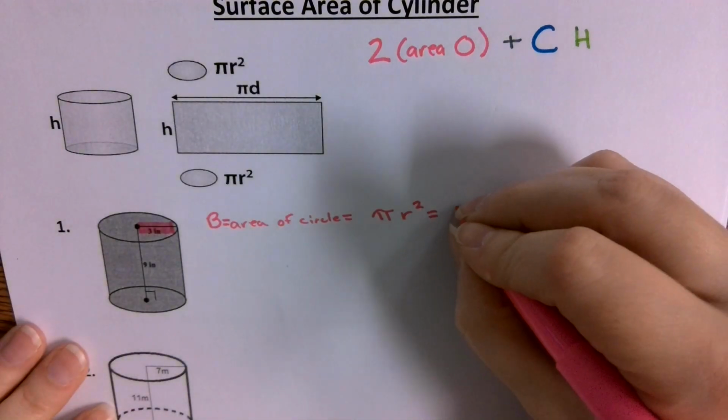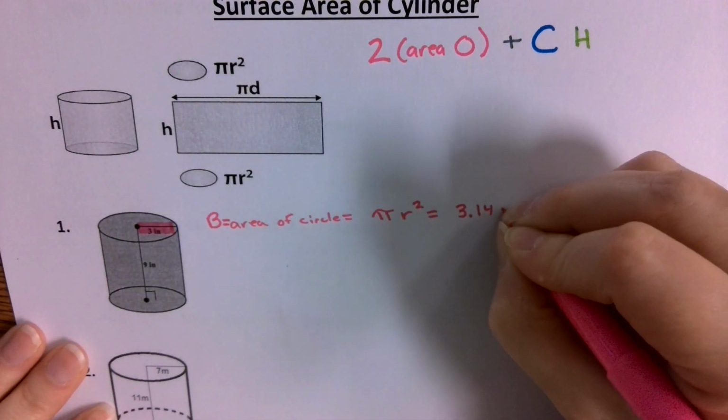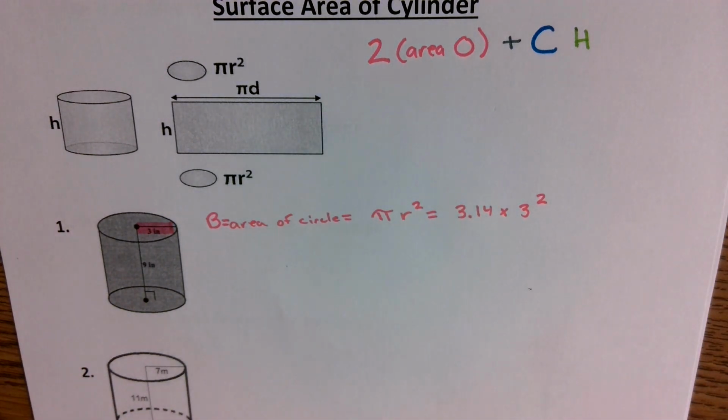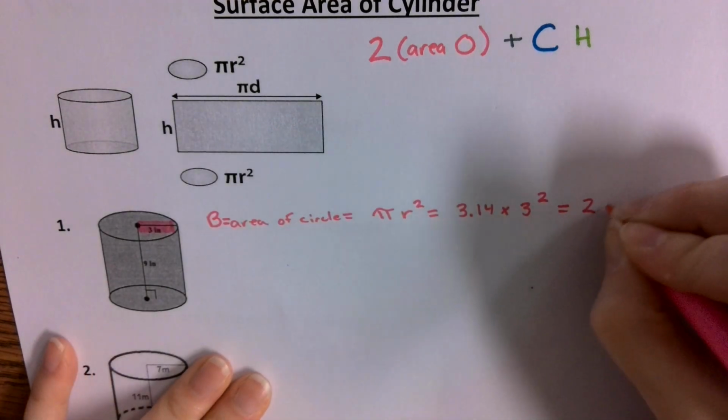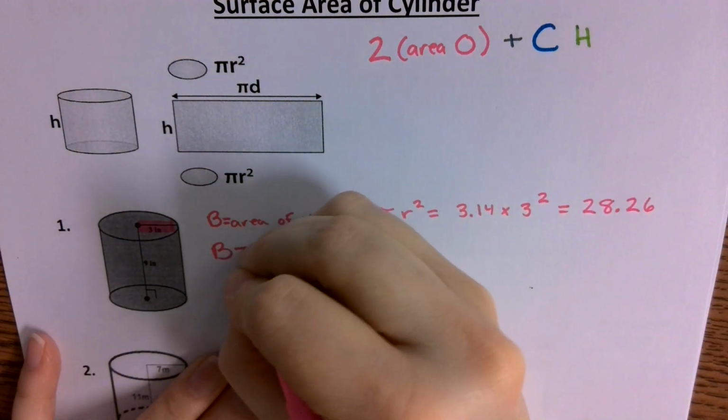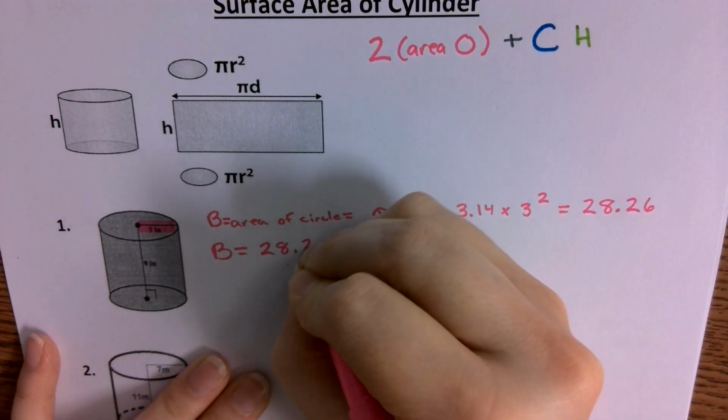So we're going to do 3.14 times 3 squared. That's going to give us 28.26. So there's what capital B stands for, 28.26.